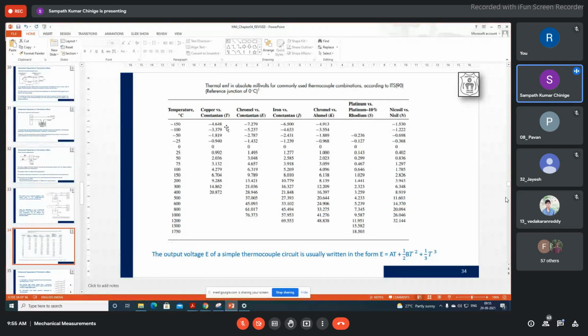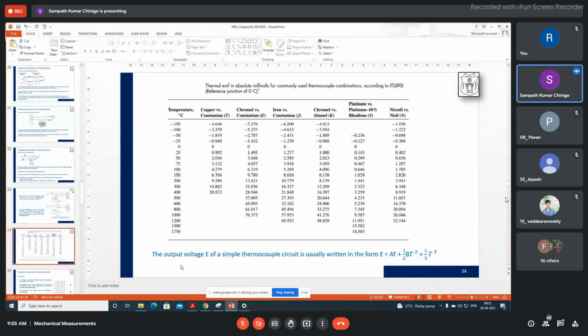How small a voltage it is creating. For example, for a 400 degree variation you can see 20.872 millivolts, 28.9 millivolts. Everything is in that range of millivolts. Suppose for 1000 degrees we get 76.3 millivolts.